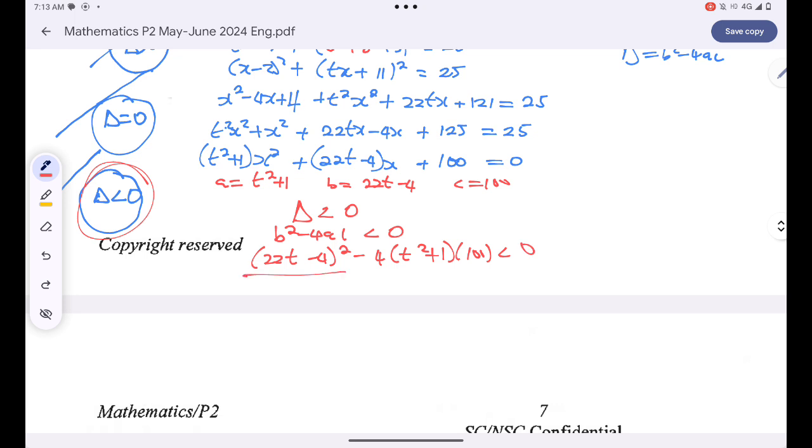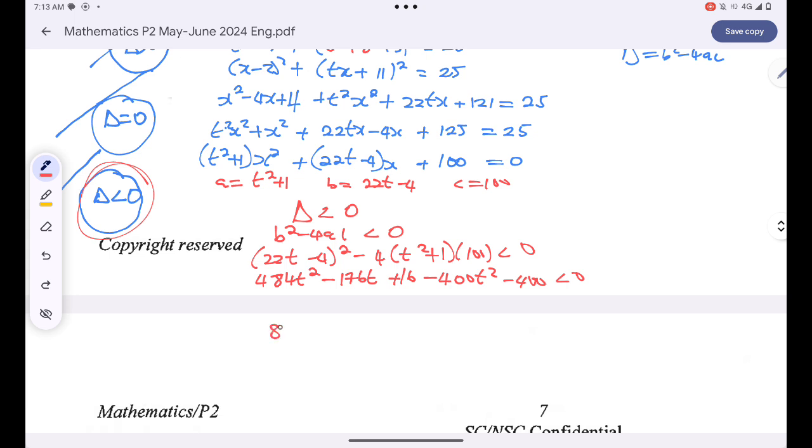You'll open two brackets over there, guys, and then you'll end up having 484 multiplied by t squared, and then 22 times 4 times 2 minus 176t plus 16, and then 4 multiplied by 100 is 400, and then negative 400 times t squared, that's negative 400t squared minus 400 is less than 0.